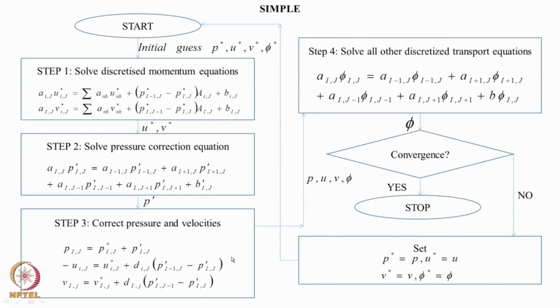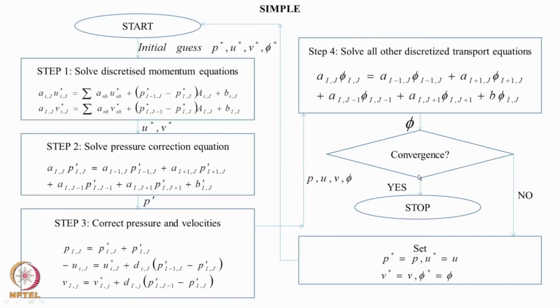Once you solve pressure and velocities, then you can take up any other scalar equation which is given here with the symbol phi. You can follow any finite volume procedure to get discretized equation for the transport equation also. So, you solve this and you get phi, and you check all of them for convergence.